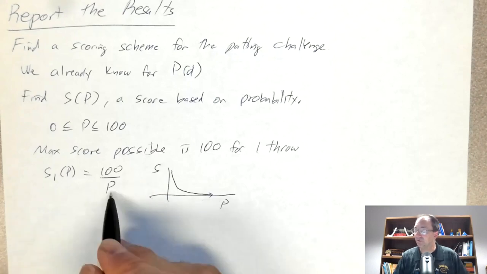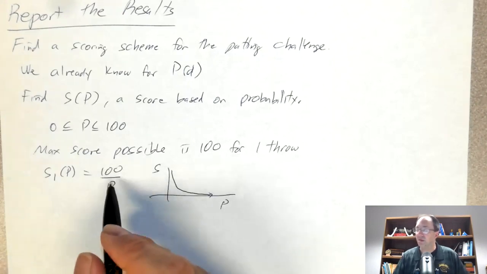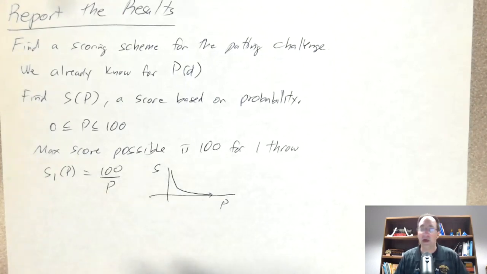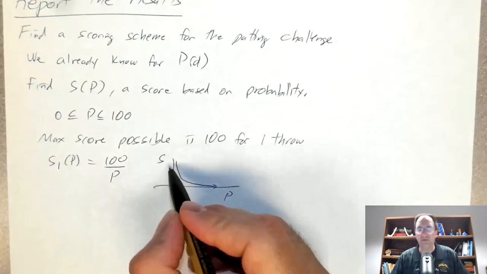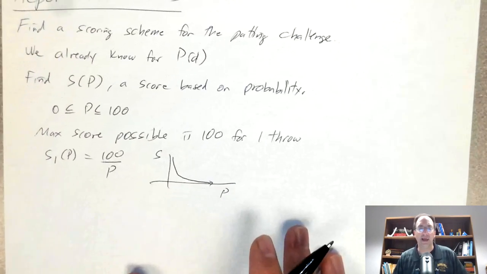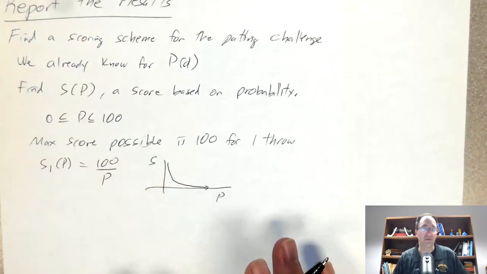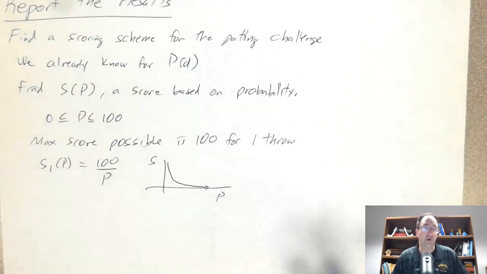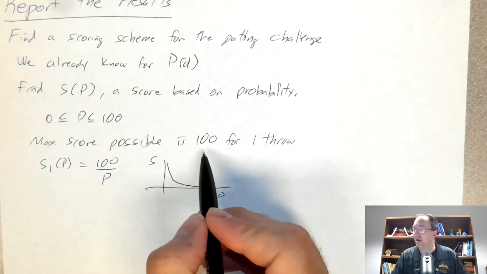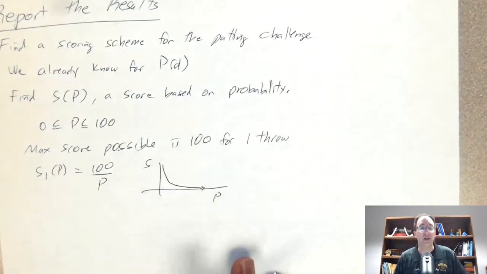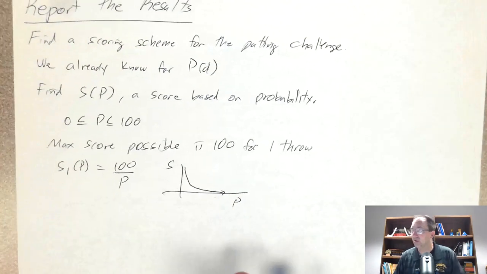In fact, you can see that if the probability was 100%, then we would only get 1 point for that throw. So that doesn't seem so bad, but there is a little bit of a problem of having an infinite number of points for something that's impossible, or a whole lot of points for something that's close to impossible. And so that's why the maximum score of 100 is a way to bound that.